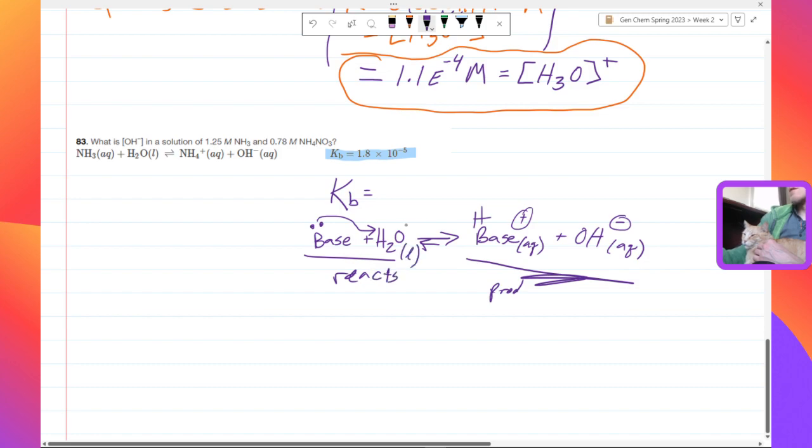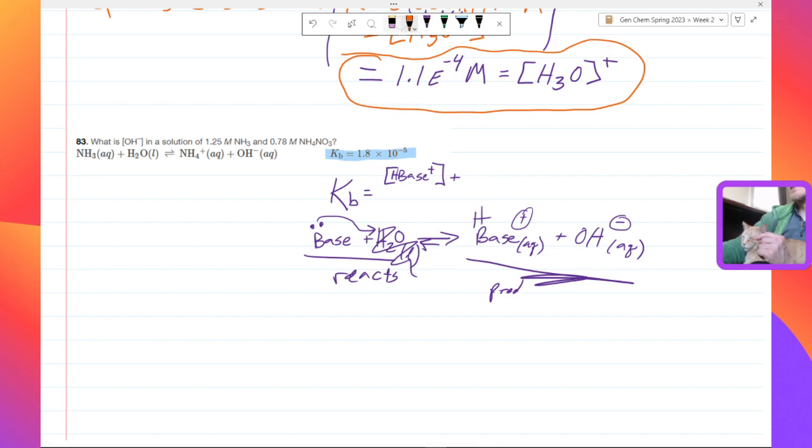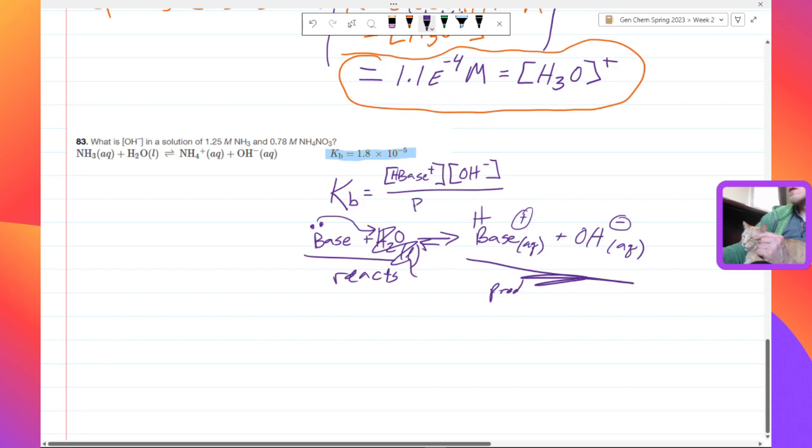And we don't count liquid in our expression, so it turns into the concentration of the conjugate acid, sorry, I apologize for misspeaking there, times hydroxide, over your initial base, which may or may not have a minus charge case by case, but we're going to call it that.